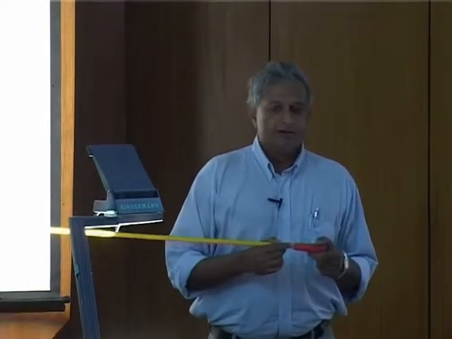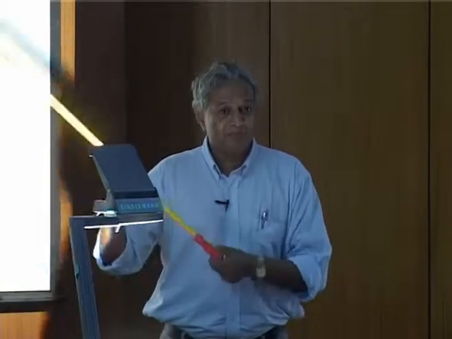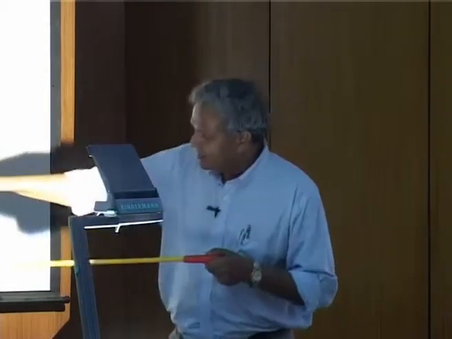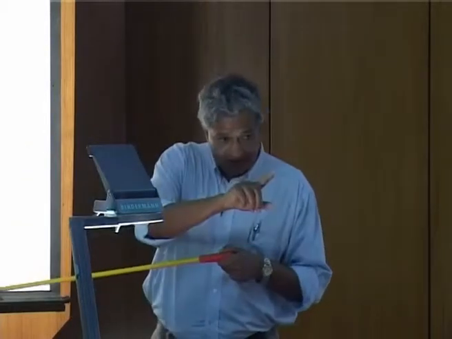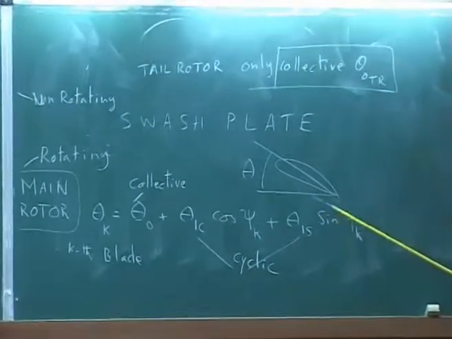Okay. When I was telling you the history last class, we said that Sikorsky put a flap hinge, that means it was an engineering solution for a problem. So, he introduced a physical flap hinge, and now you know that there is a hinge, we also need to change the pitch angle.